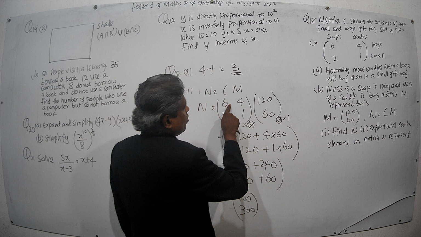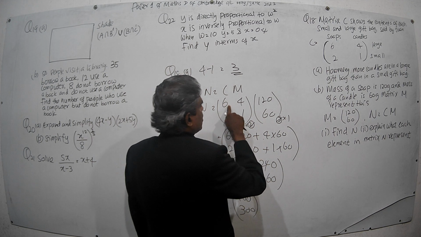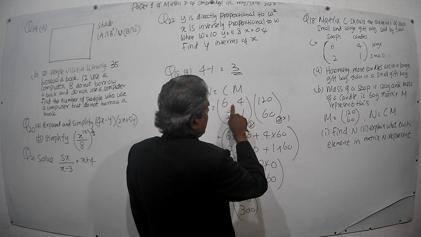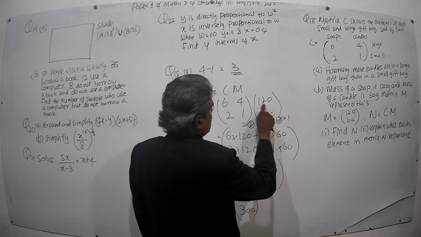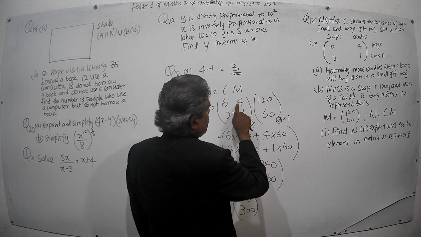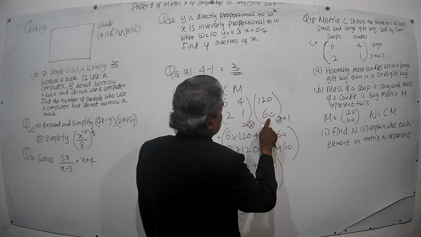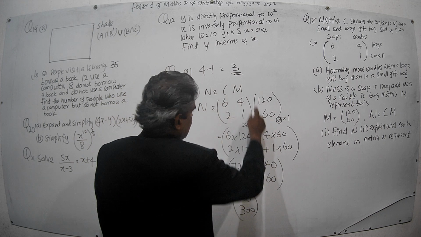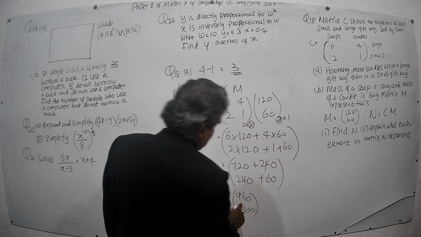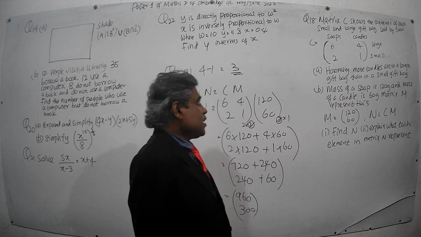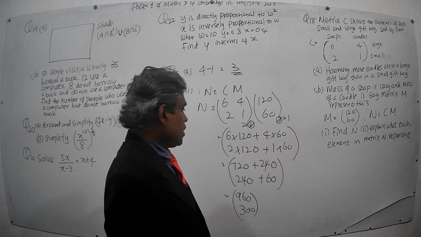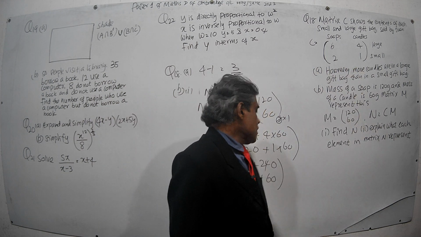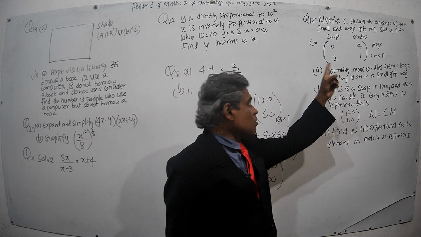Then you multiply the number of soap in a large bag by the mass of one soap, and the number of candles in a large bag by the mass of one candle. Then after doing that, this line you get 960. 960 is the mass of contents of one large bag.